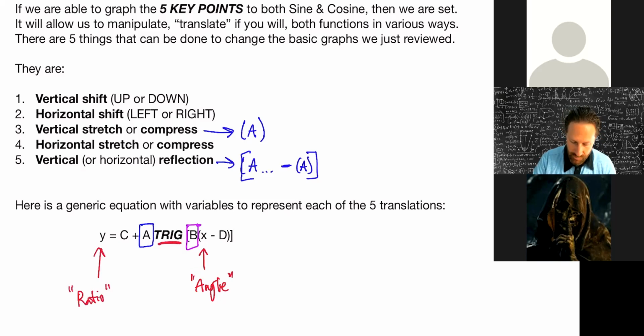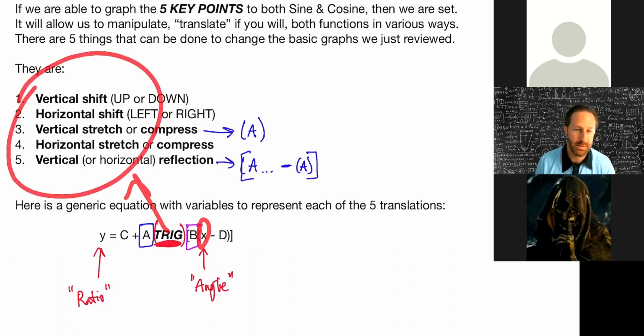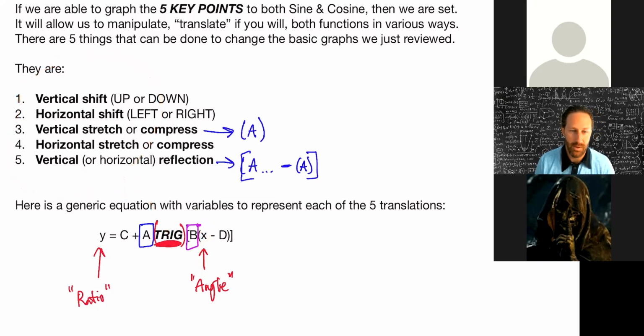The trig function, for now, will only be sine or cosine. Okay. But you know what always follows a trig function has to be an angle. And if stuff is being done to that angle, we want to know how it affects it. And when we multiplied by our trig function, we knew that that gave us a multiple for our Y values, that vertical stretch.